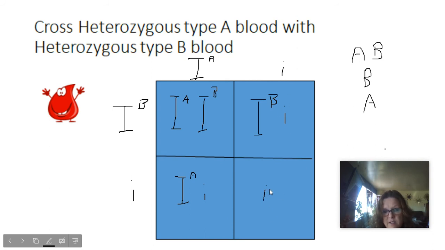You're going to get a recessive allele from each parent, and you are going to have type O blood. So you can see that two heterozygous parents, one heterozygous for type A blood and the other heterozygous for type B blood, can have a child with any of the four blood types. So in this case, we would call that a 1 to 1 to 1 to 1 ratio.